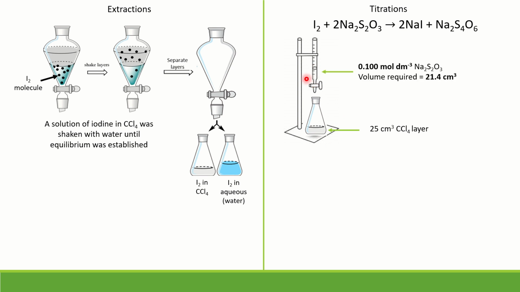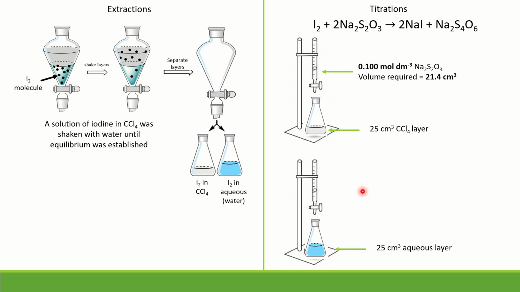Now, for this sodium thiosulfate, you are using 0.1 mol per dm cube concentration and the volume required is 21.4 cm cube. Next, you do the same thing with your aqueous solvent. You take 25 cm cube of that and you put it in this conical flask. Next, you titrate it with sodium thiosulfate. The concentration of sodium thiosulfate here is 1 times 10 negative 3 mole per dm cube.